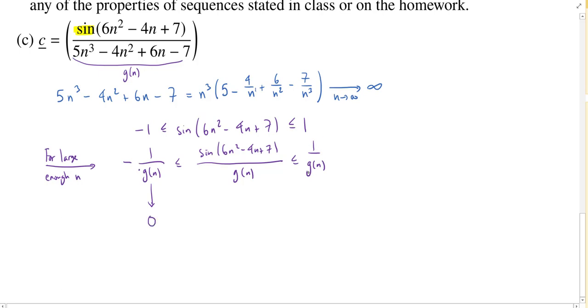As n goes to infinity, g of n goes to infinity, and so 1 over g of n goes to 0. And so by the squeeze theorem, since this is bounded above and below by two things which are going to 0, the squeeze theorem tells us that the middle also has to converge to 0. And so our function c converges to 0.